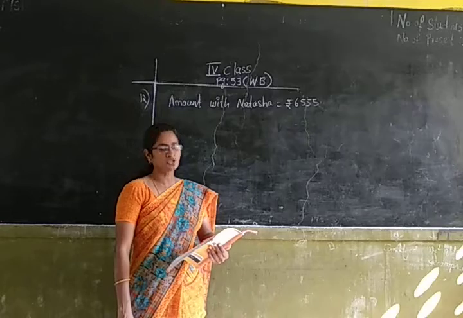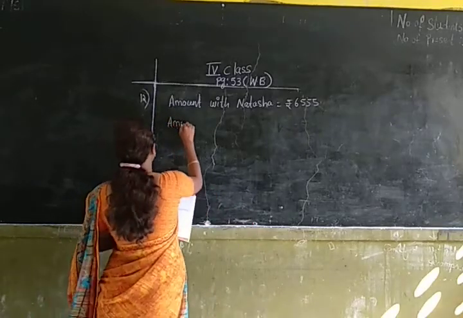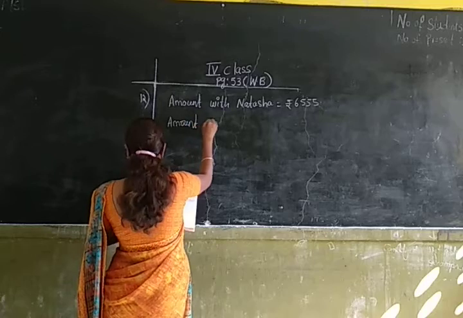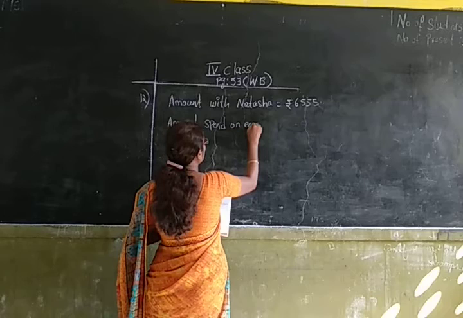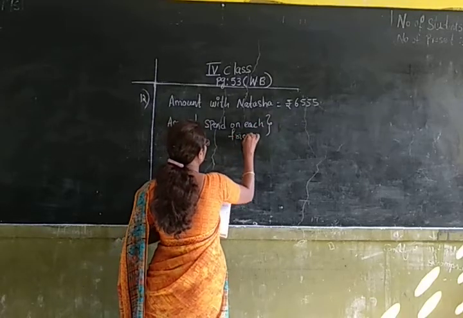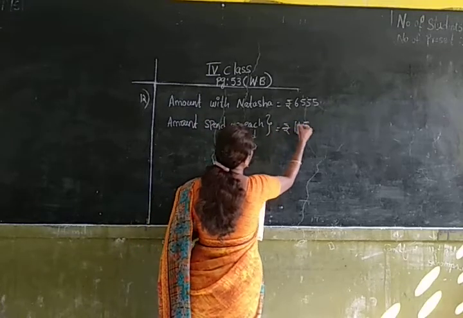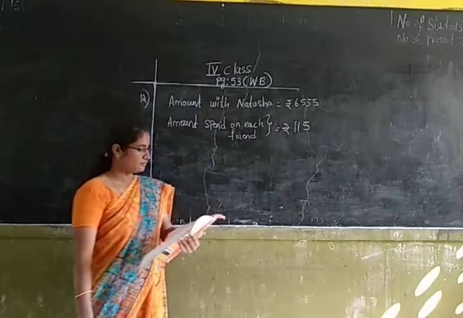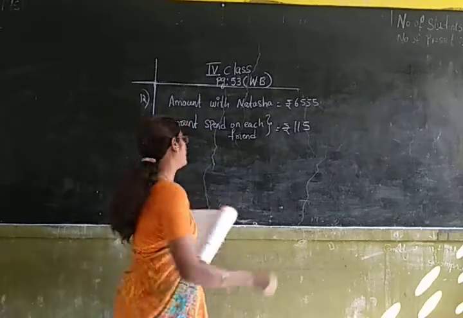So how much amount she wants to spend for each friend? The amount spent on each friend. She wants to spend 115 rupees on each friend. Now we have to find out for how many friends she can give the party.